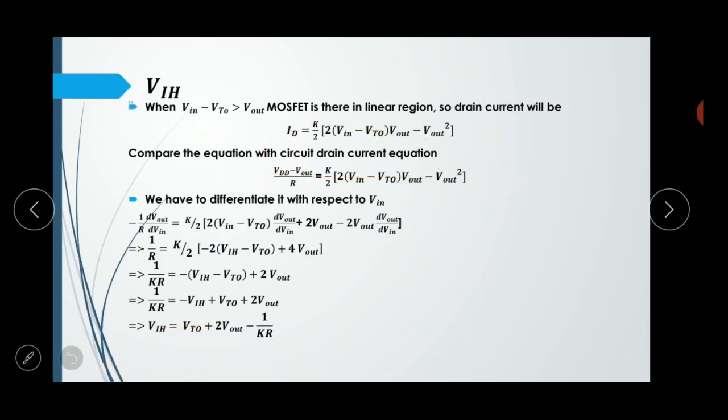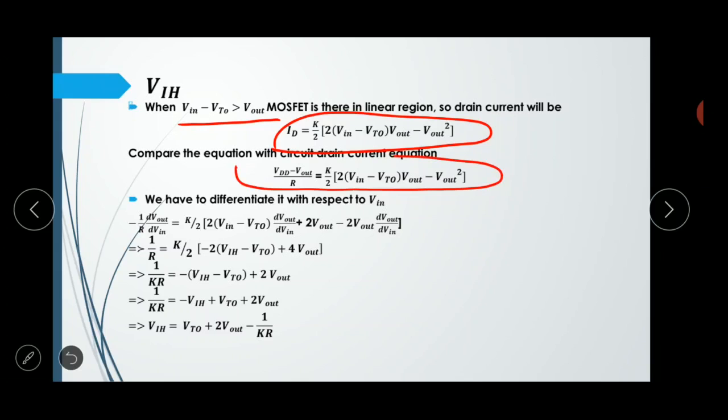Last one is VIH. Here Vin minus Vt0 is greater than Vout, so the MOSFET is in the linear region. The drain current equation is this, and we compare it with the equation derived for the resistive load inverter circuit using Kirchhoff's law.